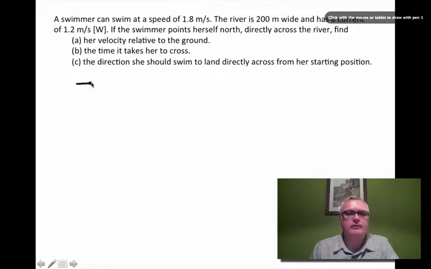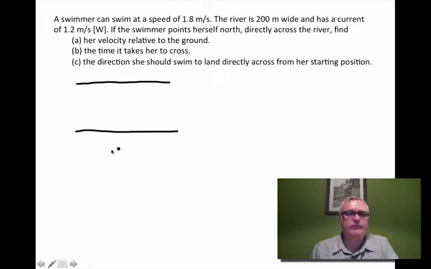So I'm going to draw the starting and end points. So this is my river. It's 200 meters wide. And the swimmer is going to start here on one side, and it's going to swim directly across, swimming at 1.8 meters per second.